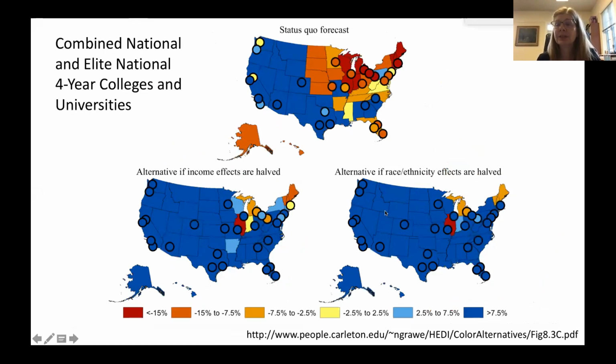Remember, blue is terrific in terms of more people going to college. Red, not so happy. And this is a model looking at national and elite four-year schools. So if we could begin to address income and race, we could greatly increase access to college and access to great minds that could help us solve major challenges.